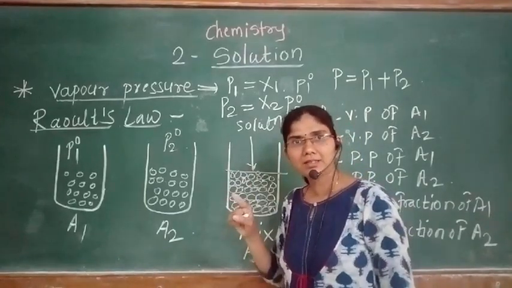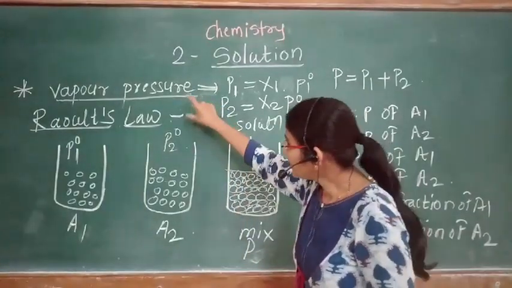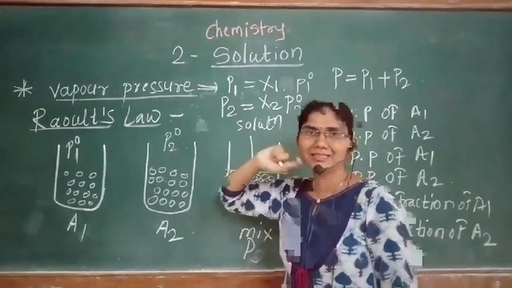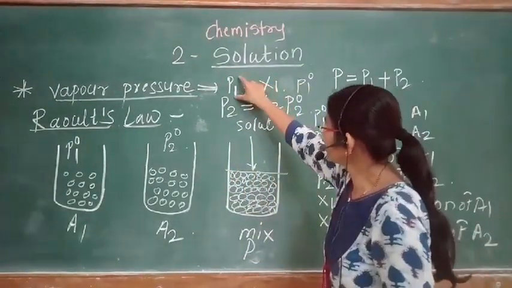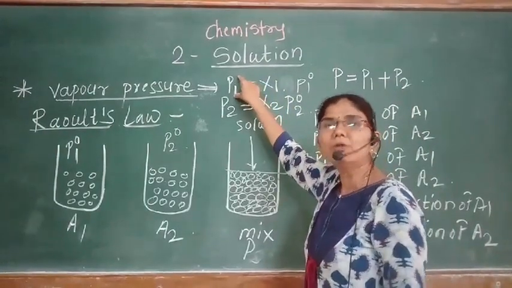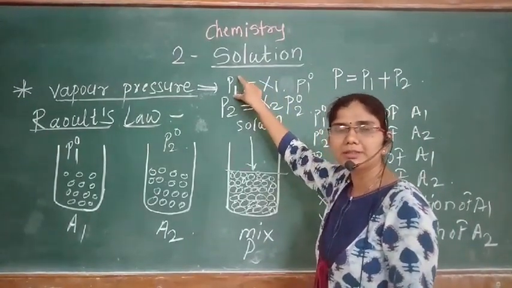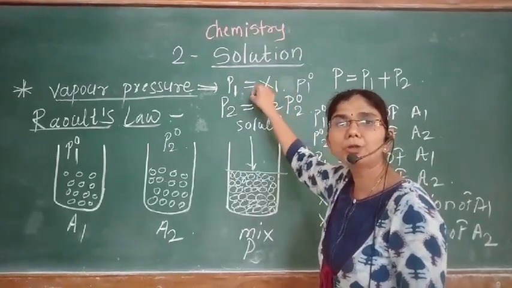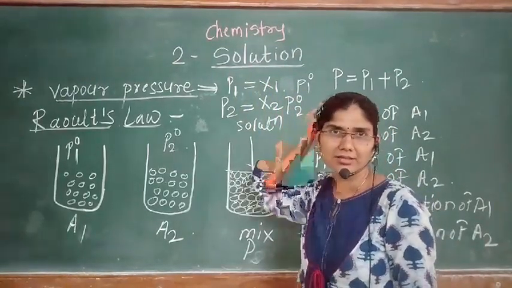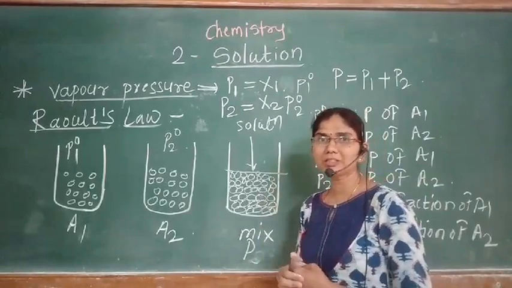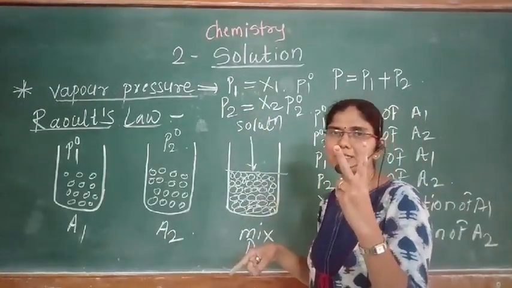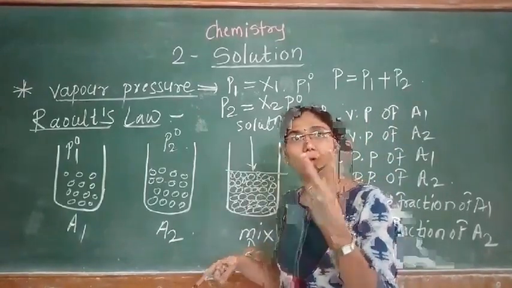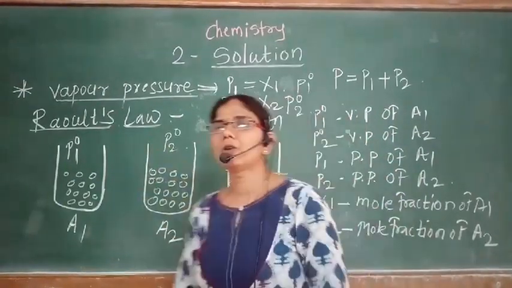In Raoult's law, the partial pressure of any volatile component of the solution is equal to the vapor pressure multiplied by the mole fraction. And here we have to study only the binary solution, and therefore we have two components, two volatile liquids, for Raoult's law.